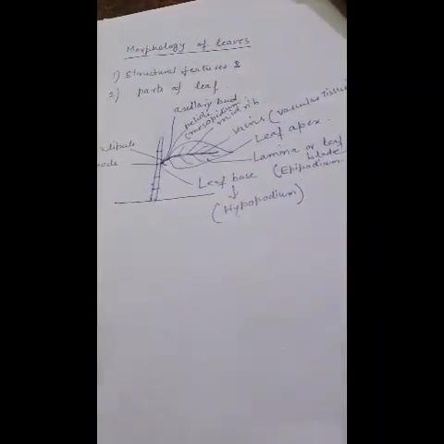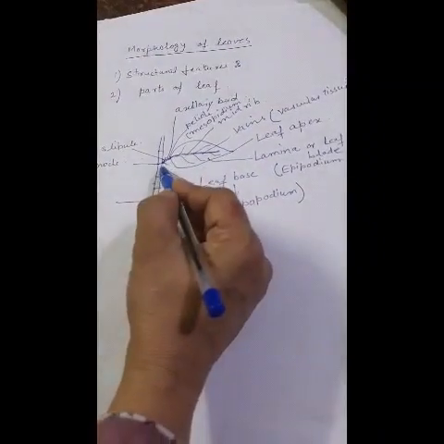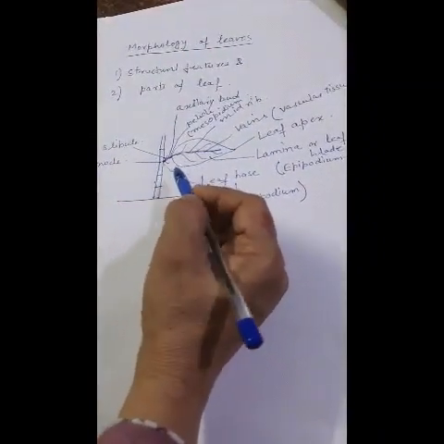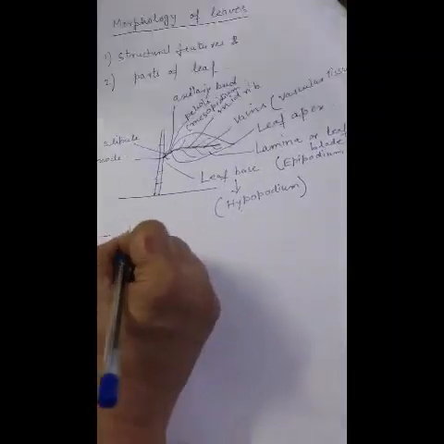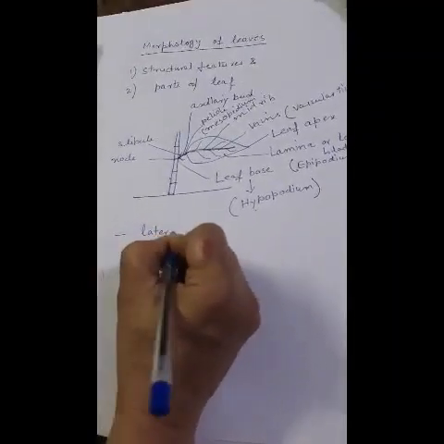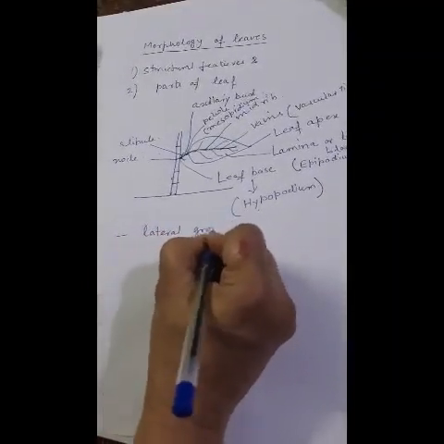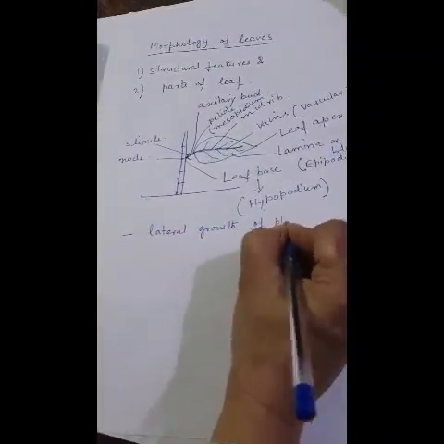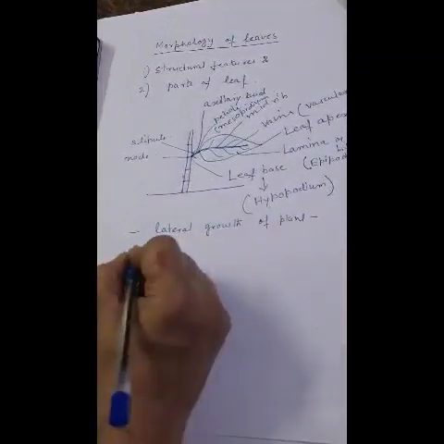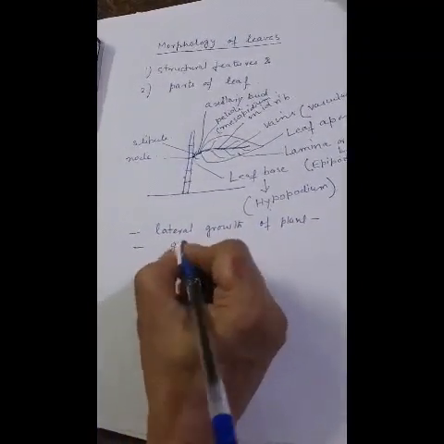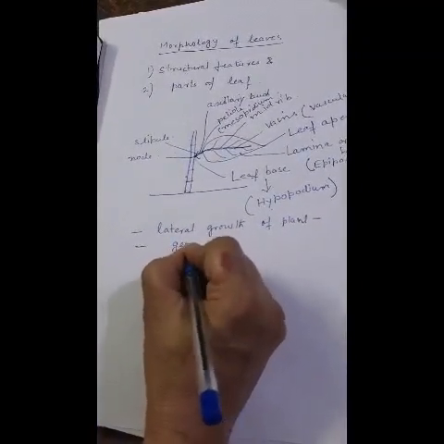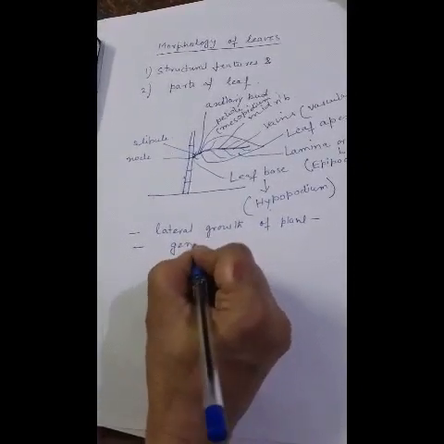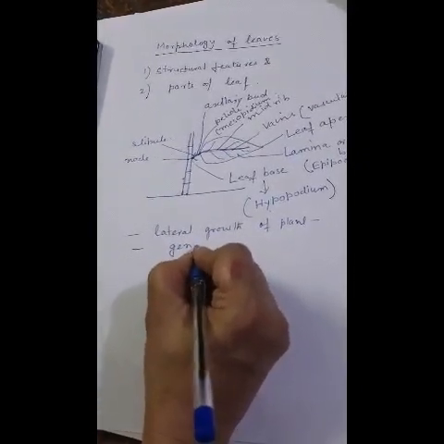So leaf is the lateral growth of plant, generally flattened. Sometimes it is modified into different shapes, but generally it is flattened.